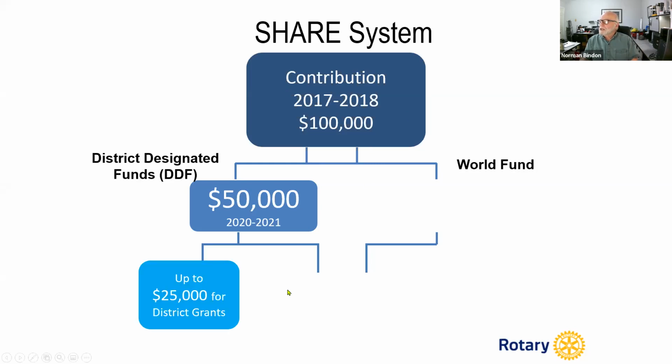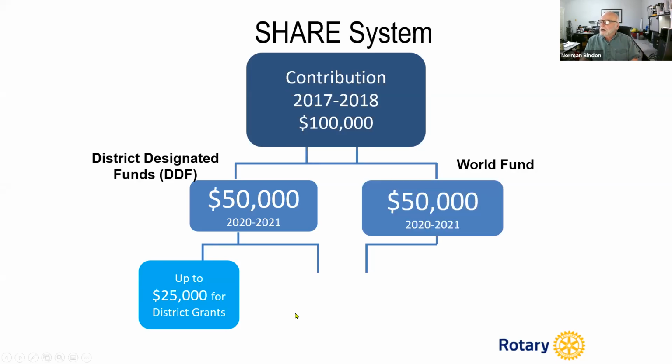And those district designated funds, we can use up to half of them for district grants. So normally this number would be 60 some, I think it's 55, 56,000 for this year. And the other half of it, 3 years later, goes into the World Fund.